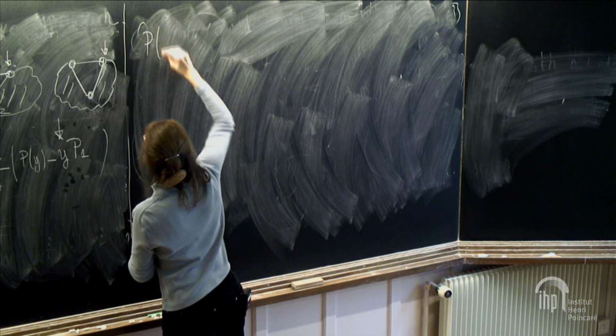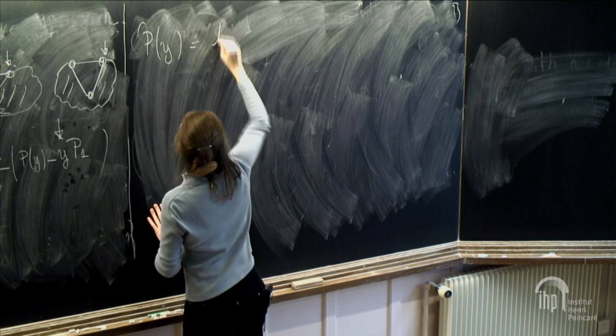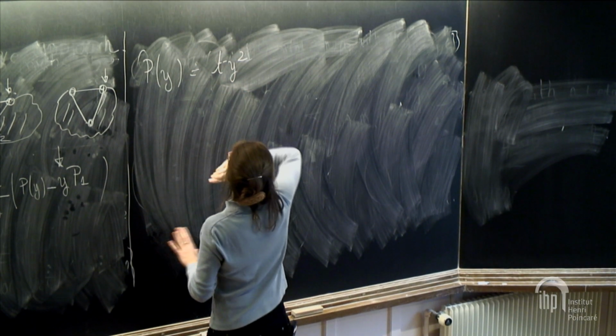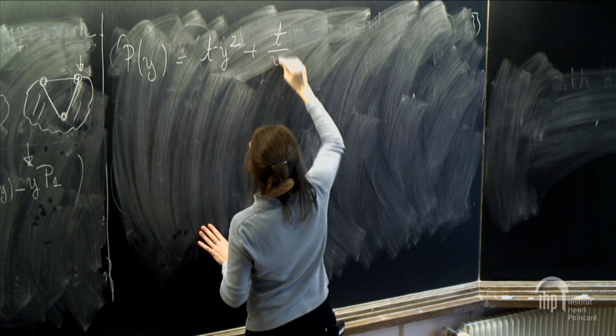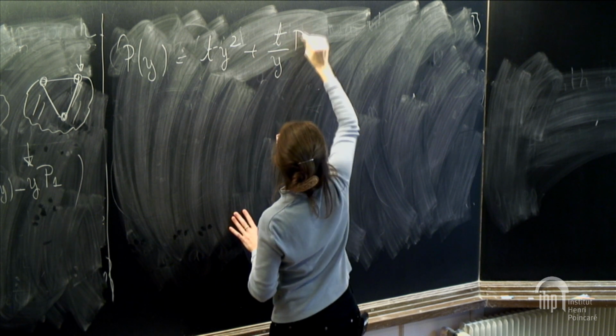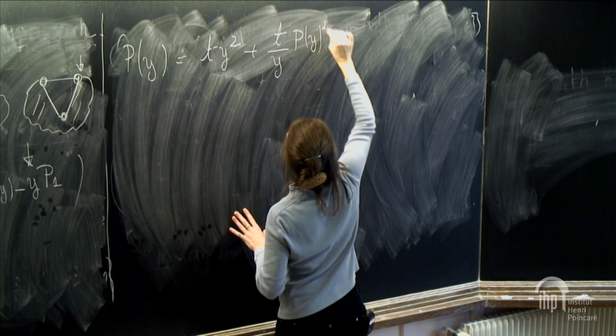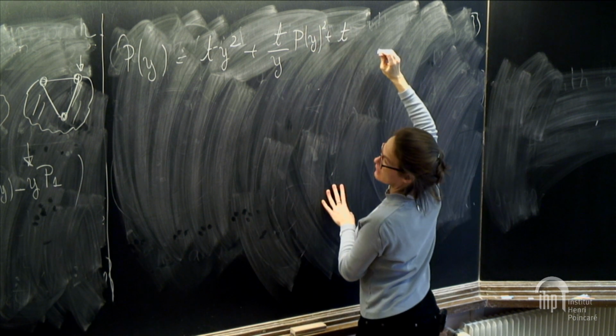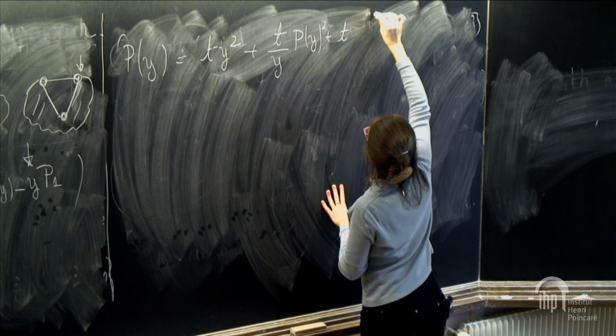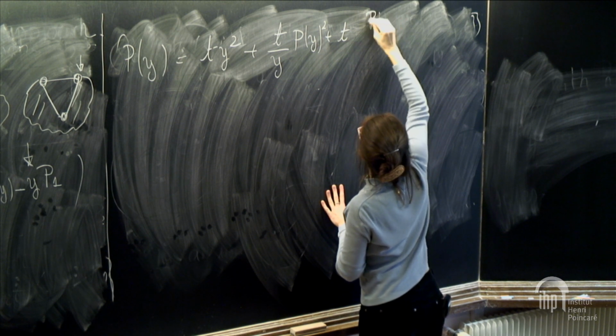So for triangulations of a polygon, you have a slightly different initial condition. Then you have the case with two ears. And then the case where you get a simple map.